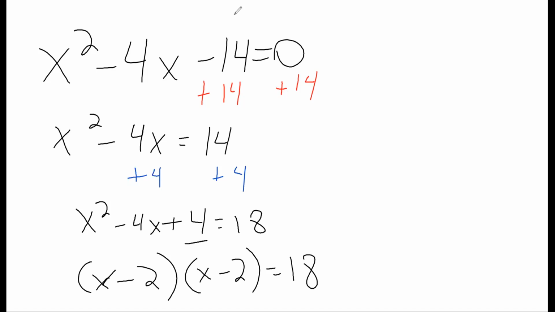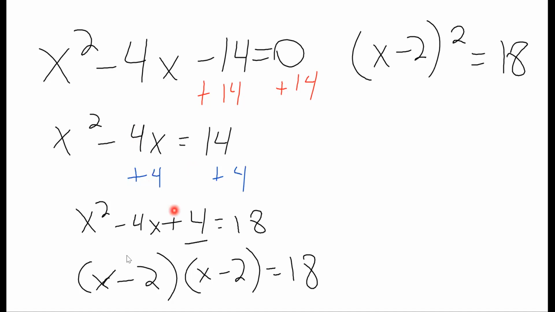But wait a minute, I have the same factor twice on the left-hand side. If I multiply something by itself, I'm really just squaring it. So now I get to simplify that to x minus 2 squared equals 18. And now you see the gears turning. The whole reason we said take half of this thing and square it is so that we'd get this perfect square trinomial situation.